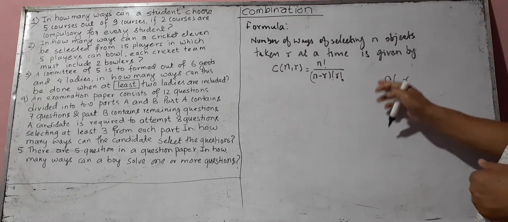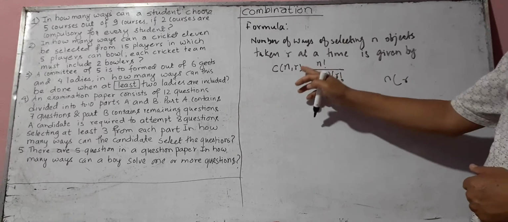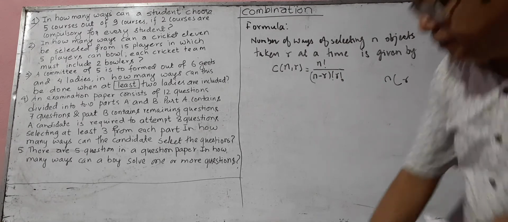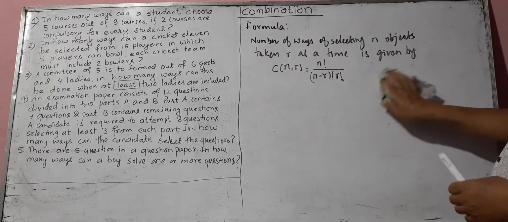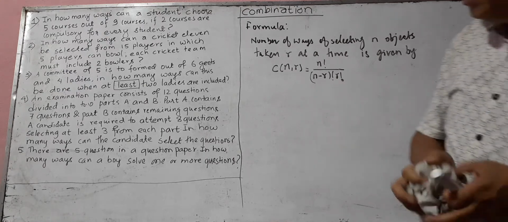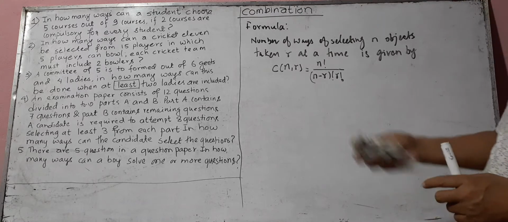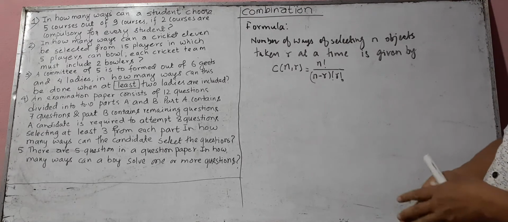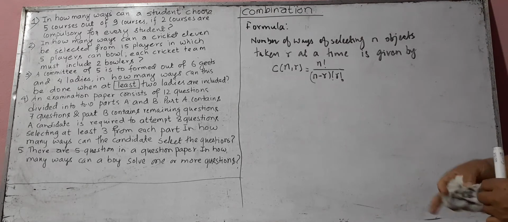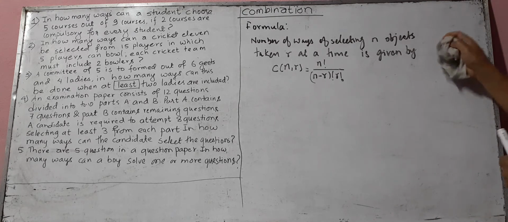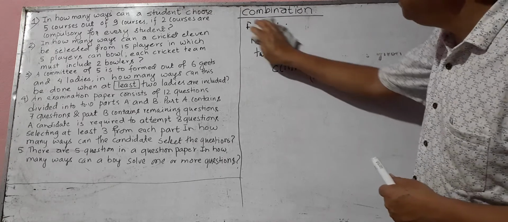They are the same: the combination of r objects taken from n objects. This is the formula that we use here. We also use the principle of counting if there is more than one task involved in the solution of the problem. Now I start the solutions.